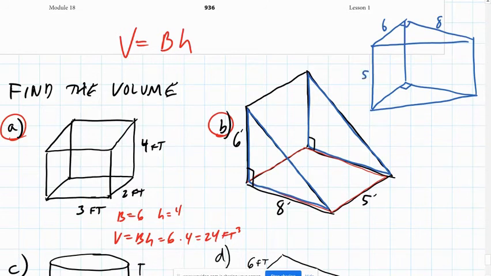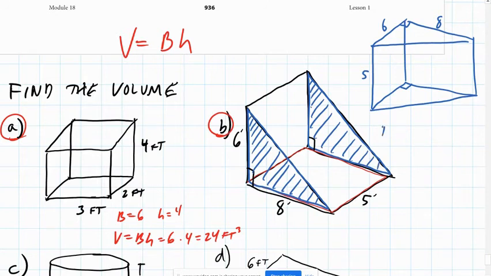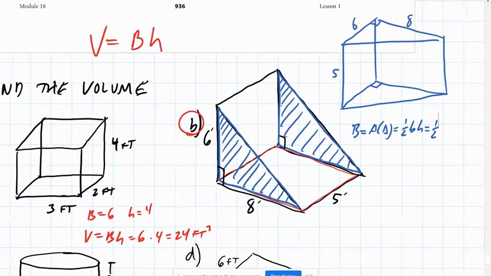So you could redraw it like that if that helps you, or if you want to leave it the way it originally was, it doesn't matter, as long as you recognize that these two parallel triangles are the two bases. So the base area for this one is the area of a triangle, and that is 1/2 base times height. So that's 1/2 times 6 times 8.